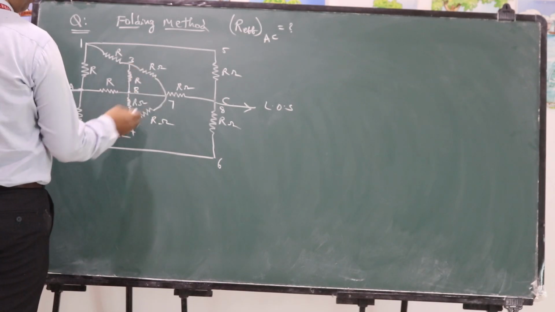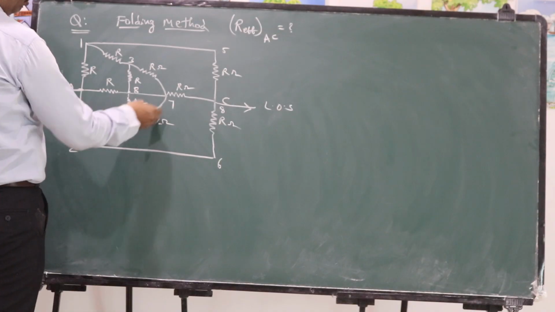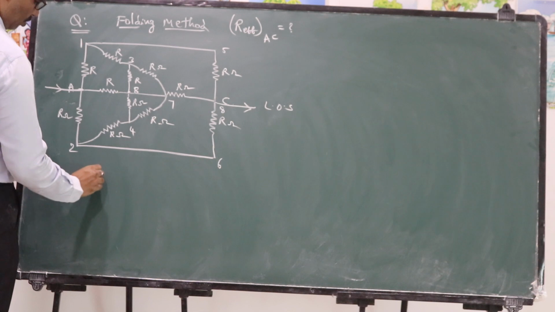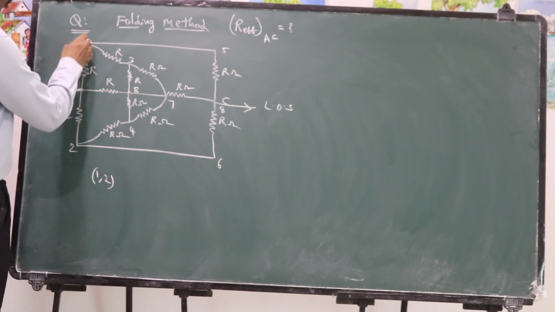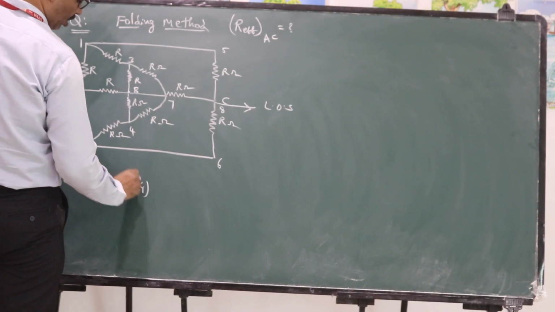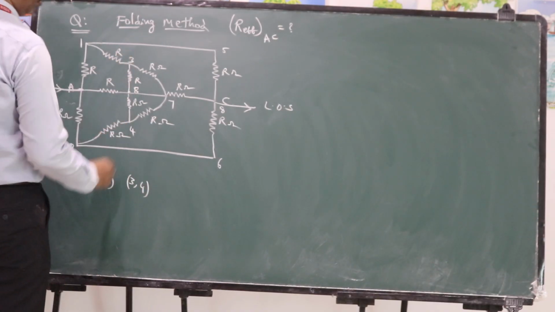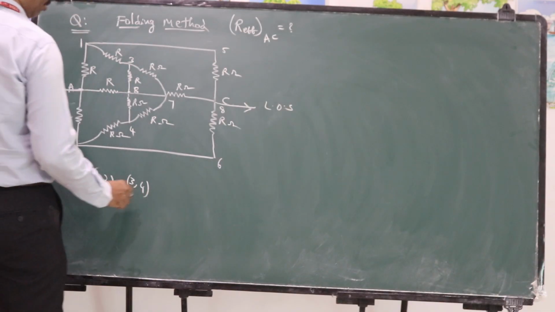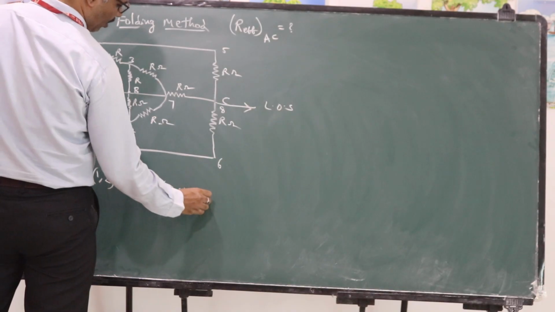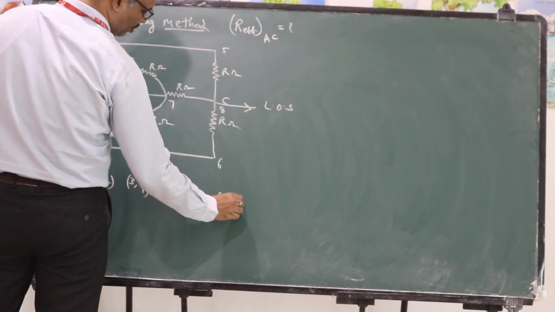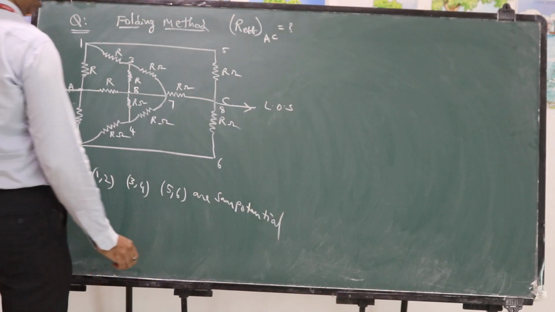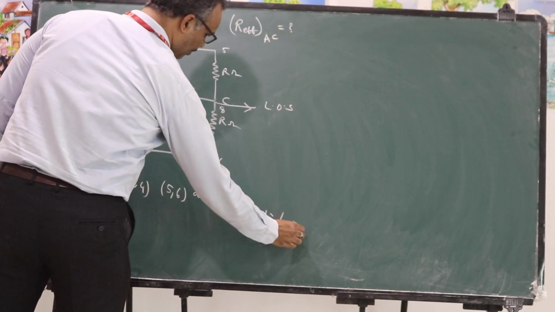So clearly 1, 2, these two points are at same potential. 3, 4, they are also at same potential. 5, 6 are same potential points.